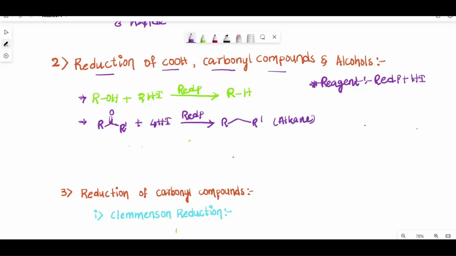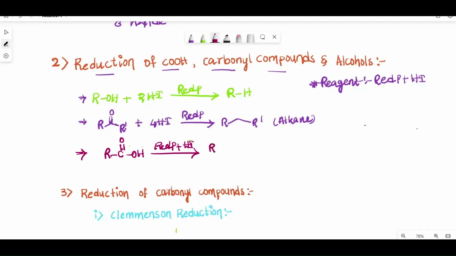So in this way, acid also gives you alkane by using this reagent, phosphorus plus HI. Let's see that example also. Let's take an acid with phosphorus plus HI.